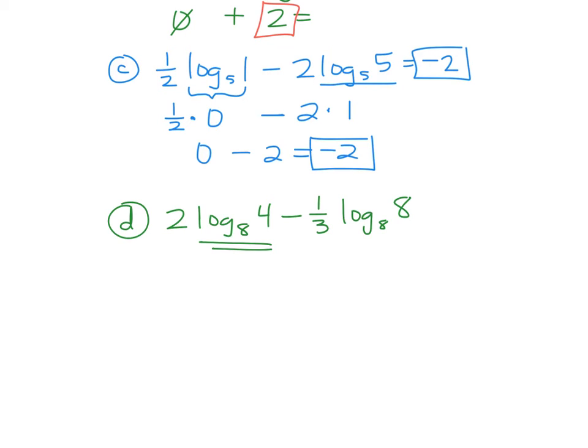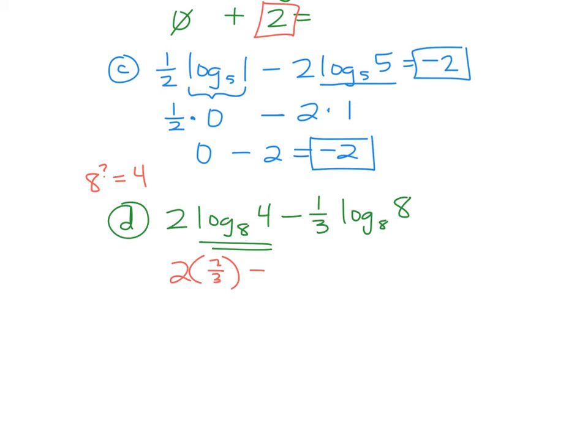You could totally do it that way. For those of you that don't see that, remember this is asking the question 8 to what power is 4? It was like the bonus question on your quiz, okay? So you gotta think 8 is a perfect cube, so 1/3. You would square that to get 4, so 2/3. So you could think of this right now as 2 times 2/3.